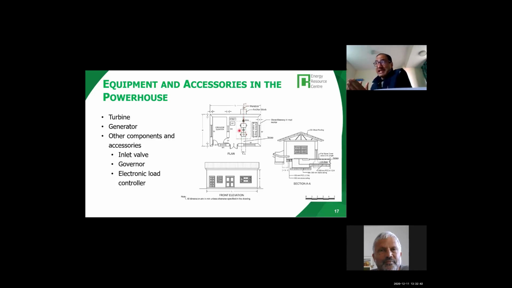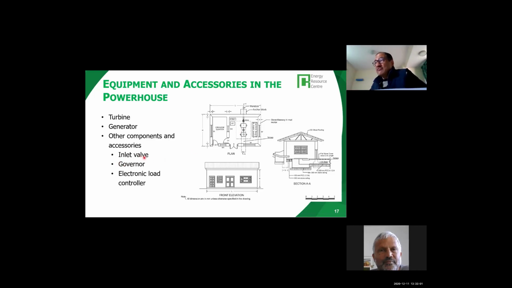Sometimes you can have more than one turbine. Especially for mini hydro and micro hydro, maybe you have 1 or 2, maximum 3 turbines. But for large and medium hydros, you can have 5, 6, 7 turbines also.